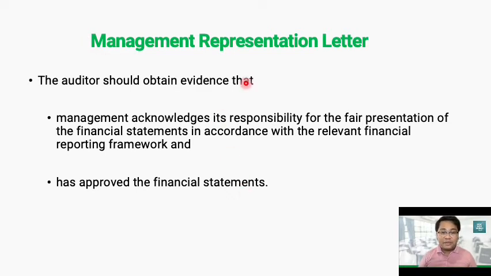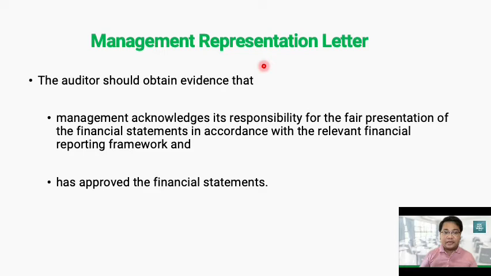This is different from the management letter that we discussed during the preliminary engagement activities. A management letter is a letter prepared by the auditor and sent to the management to provide comments about the deficiencies in internal controls that we have found during our procedures.